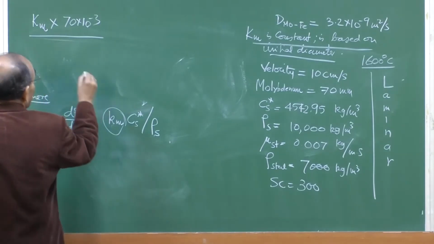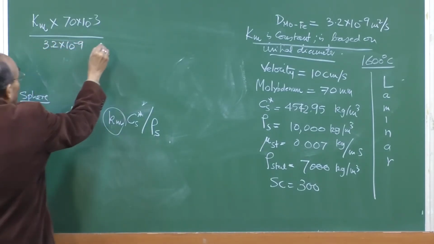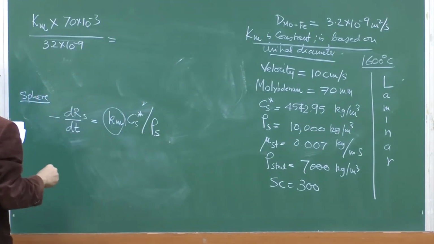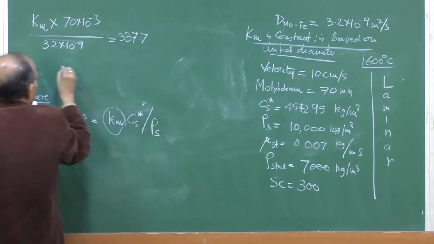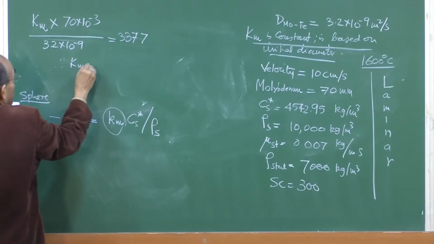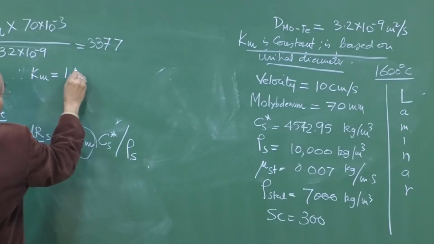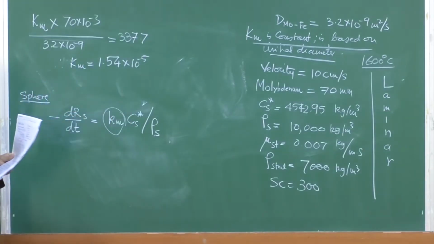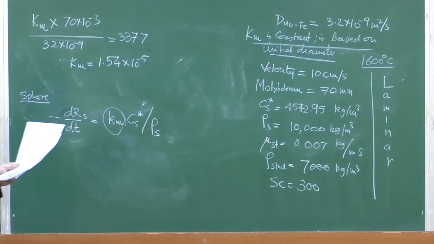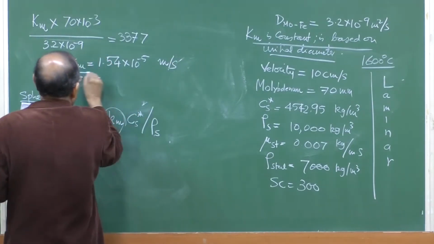So, 3.2 into 10 to the power minus 9, and that is going to be equal to 337.7, which gives us the mass transfer coefficient equal to 1.54 into 10 to the power minus 5, and mass transfer coefficient has the unit of velocity, meters per second.